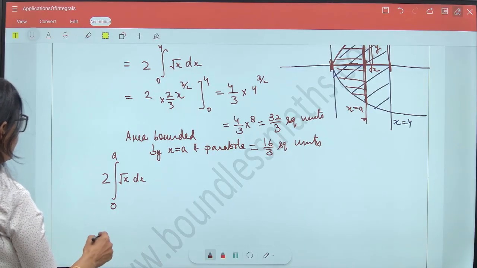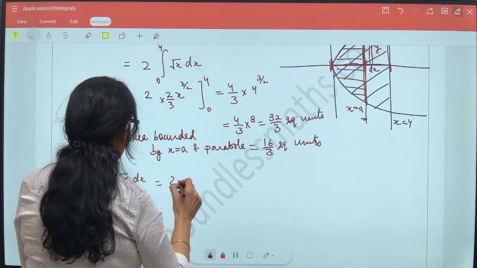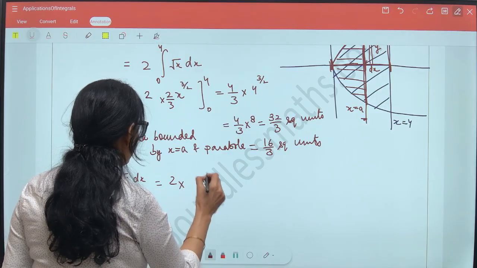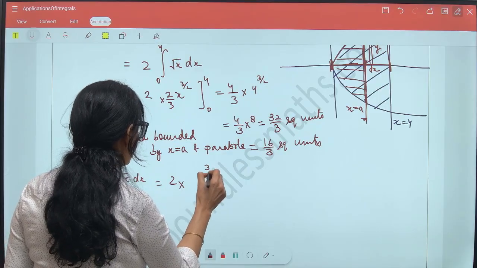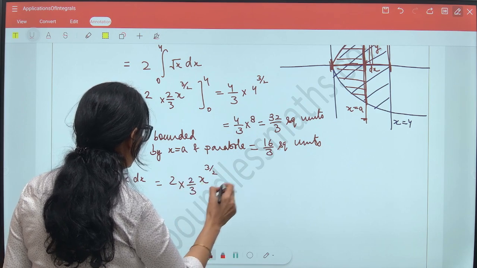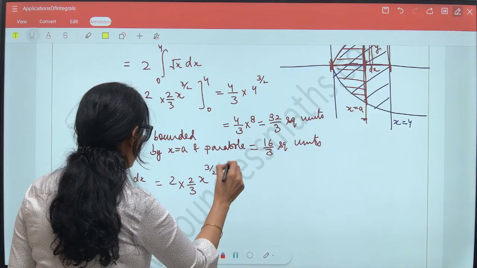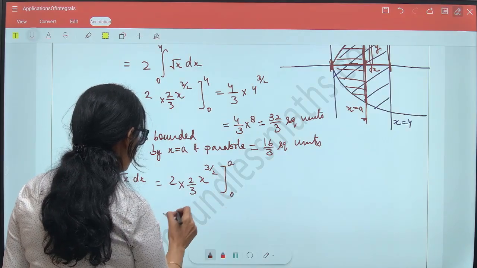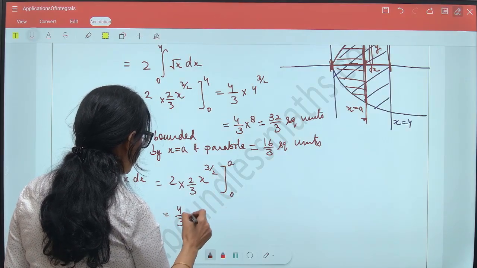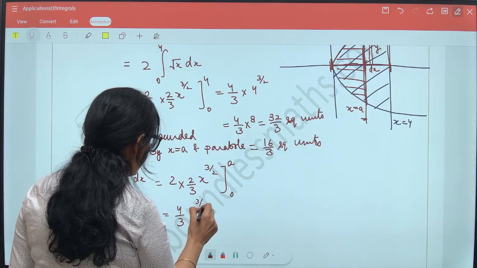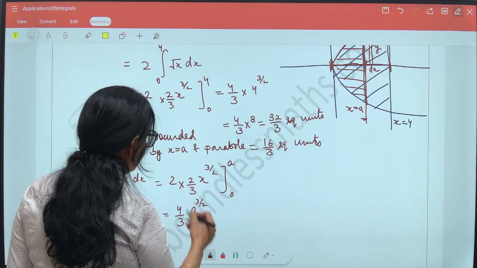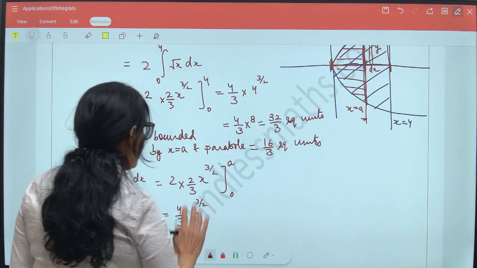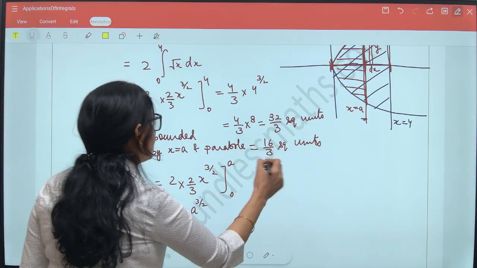So let's integrate this. It comes out to be 2 into integral of x is x to the power 3 by 2, and you have 2 by 3 here, bounded by 0 to a. This becomes equal to 4 by 3 a to the power 3 by 2, and then minus 0 you can just ignore. Now this area is equal to 16 by 3.